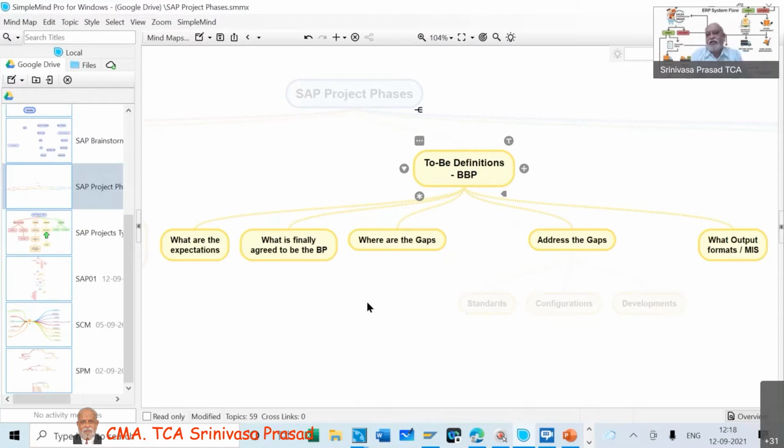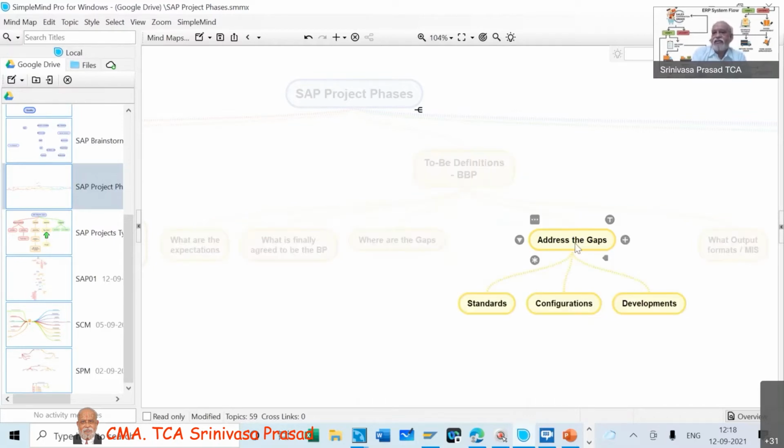So the blueprint is a document where the people from the organization sign with the implementation partner, and accordingly it has to be done. And whenever there are gaps, we check whether the gaps have been plugged by the standards, or by configurations, or by development. You please remember we were discussing developments on the technical side.